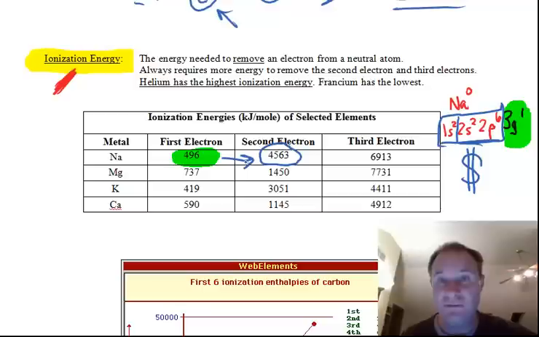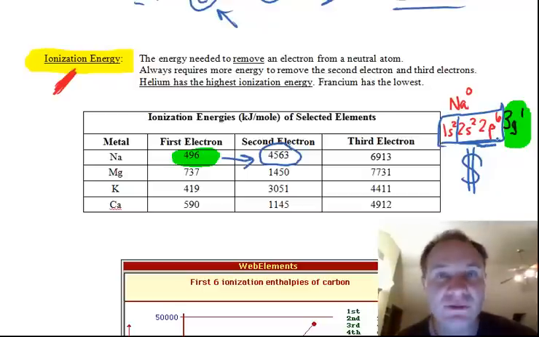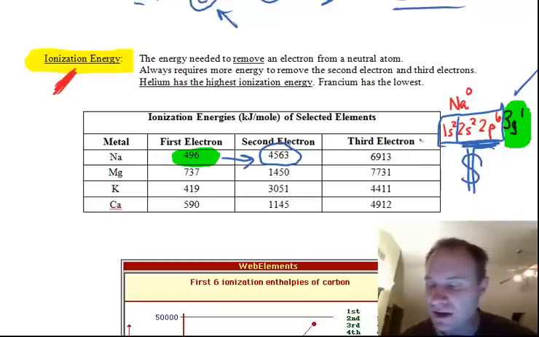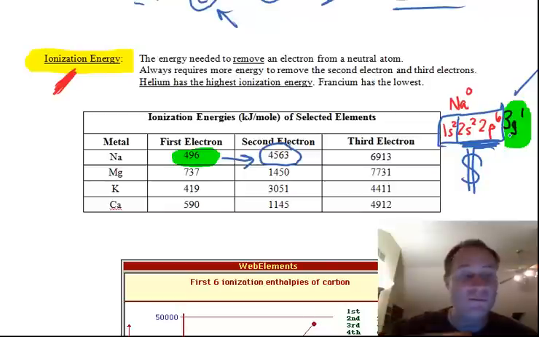Holy good gravy boat, that's expensive because you're disturbing a full valence shell. The first electron, you can have it. It's extra. We don't need it. But to disturb a stable octet costs a lot of energy. The third electron, you are continuing to disturb that stable octet. That's going to cost you even more money.